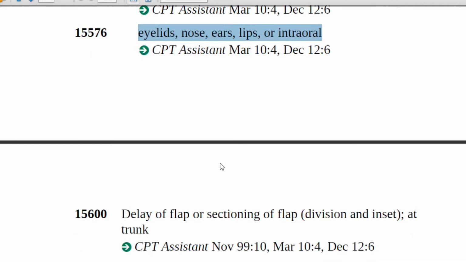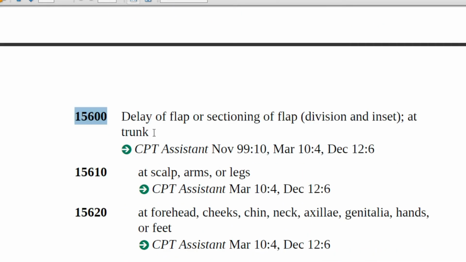The next code is 15600, and the description of this code is delay of flap or sectioning of flap, division and inset, at trunk. The second example explained previously is related to this code.